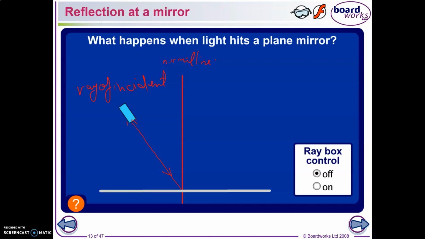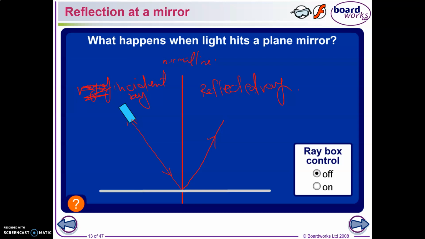When the light hits a surface, especially if it's smooth and shiny, it's reflected. And we call that the reflected ray. This is the ray of incident, or the incident ray, and this is the reflected ray.